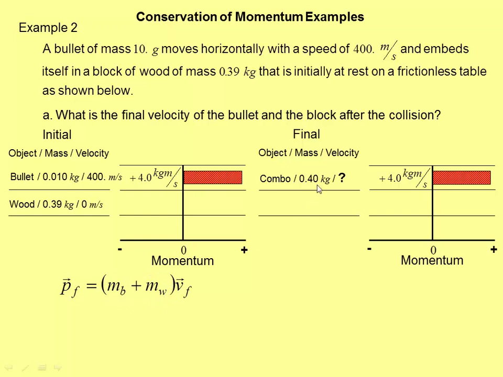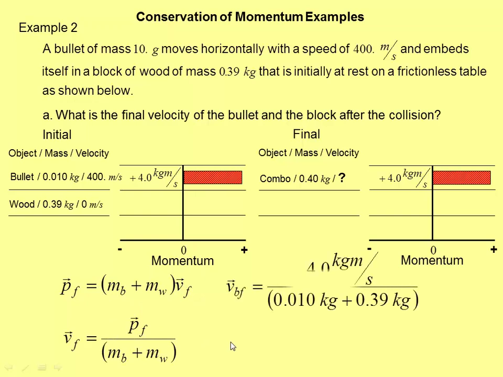You either could put in this number, which is the sum of those two, they got to have the same units, or, to work symbolically, this is the mass of the bullet plus the mass of the wood with the same final velocity. Notice I don't have to put two subscripts here because the final velocity of the bullet and the wood is the same. The bullet is embedded in the wood. Now, like I said, you also could write this as equal to m_b times v_f plus m_w times v_f. That would be the sum of the two final momenta, but I like it easier this way.